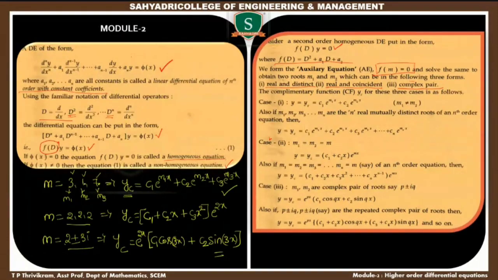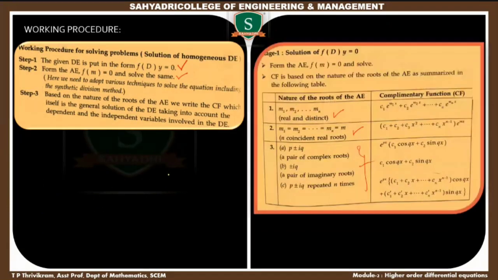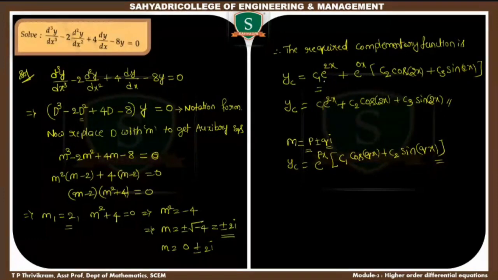Whenever you get different roots, what I said, yc is equal to c1 e power m1x. Exponential power, whatever root you got, that number into x. That only I did here. This is a different root, m equal to 2 we got, so that too I have written in exponential form.